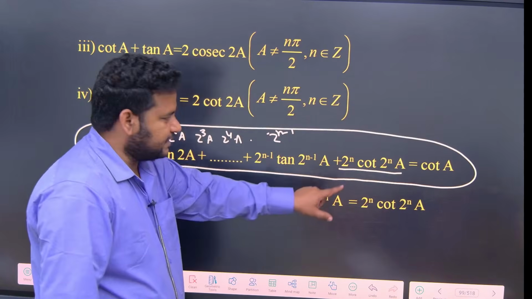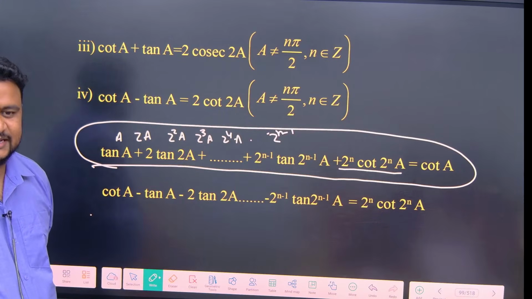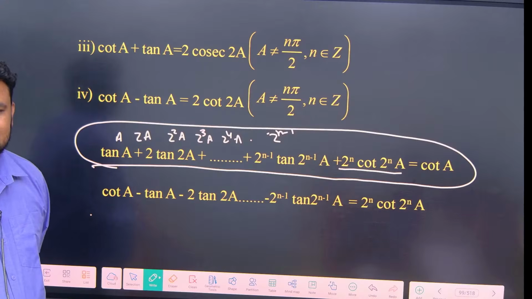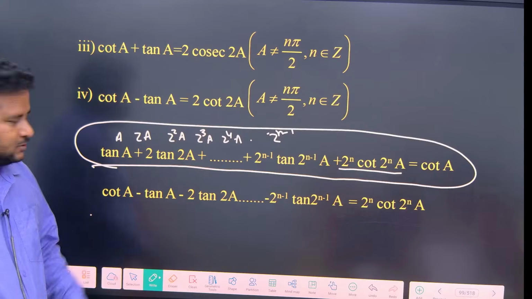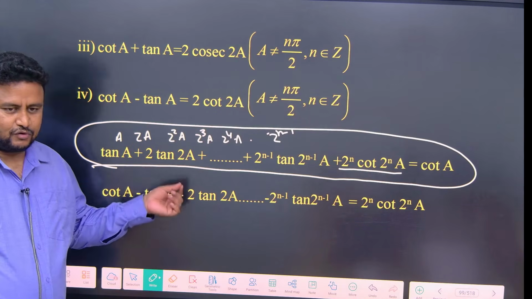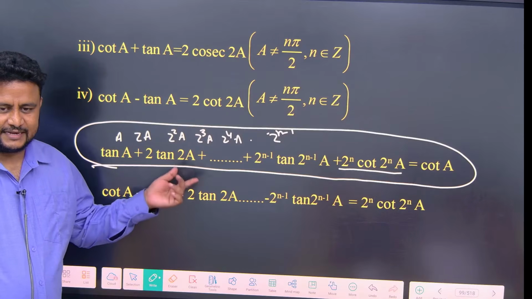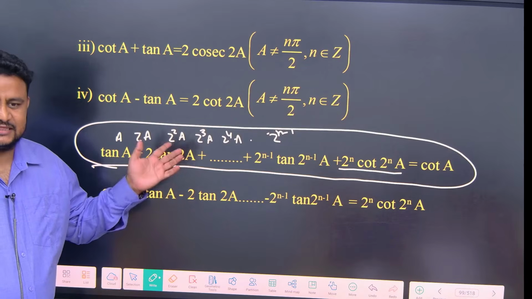This is the important result. Please write this down. Why? I will show you directly. There is a question directly from this result. If you know the result, you can answer easily. So what is this? Tan A, 2 tan 2A, 4 tan 4A, 8 tan 8A, 16 tan 16A, like that it goes on.